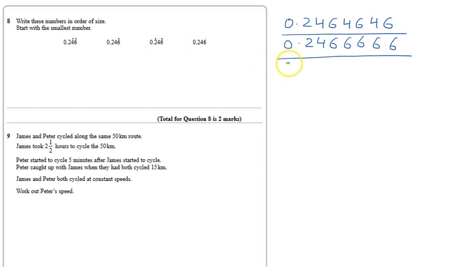This number is 0.24624662, and this is 0.246000. Now in this question we can say this is all 2, okay, this is all 4, okay, this is all 6, okay. Now the difference is here in this.